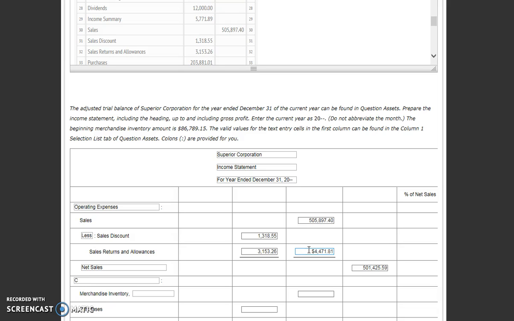I have all the stuff I'm supposed to do. Cost of merchandise sold. Nope, no, that's what they said. No colons. Merchandise inventory. Remember, we start in January. And that was given right here at 87,000. Sorry, 86. Purchases, right there.